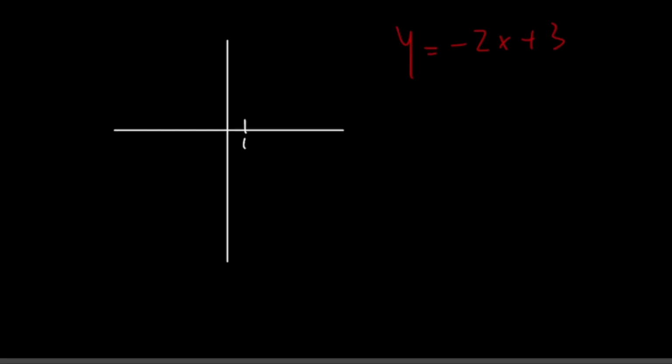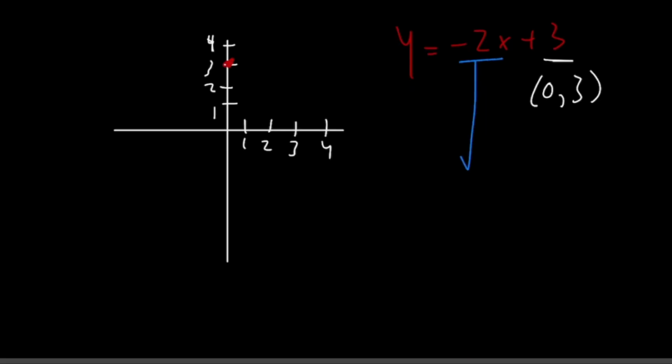So we know that the y-intercept, or the b term right here, is 3. So that's when x is equal to 0. So we're going to find the y-intercept on the vertical axis, and we're going to go up 3 right here.